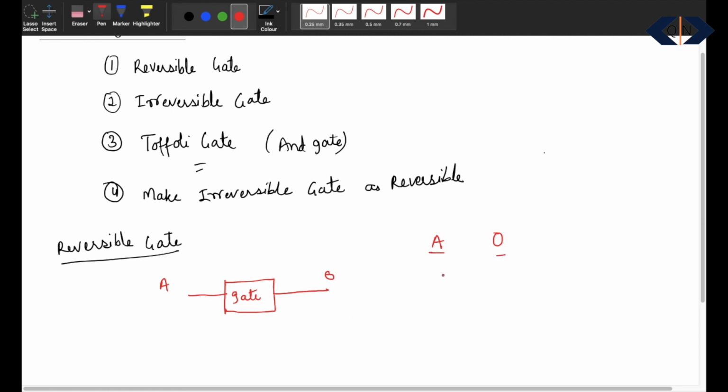If this is 0, this is 0; if this is 1, this is 1. So this is basically the identity gate.